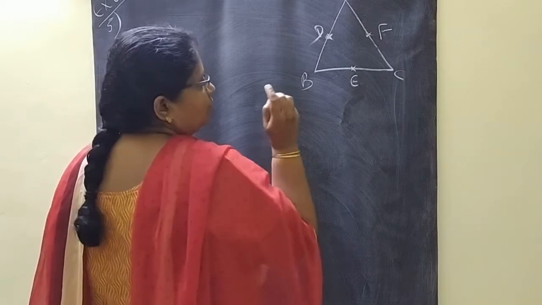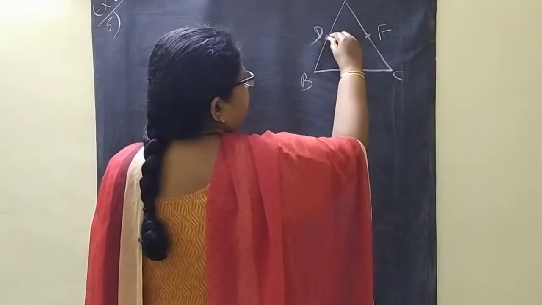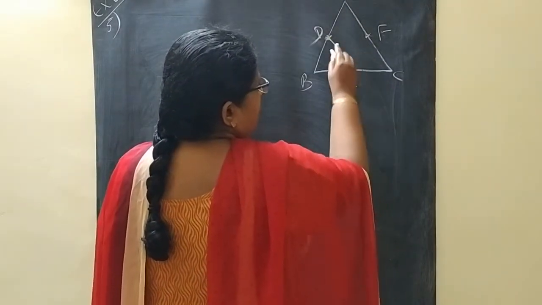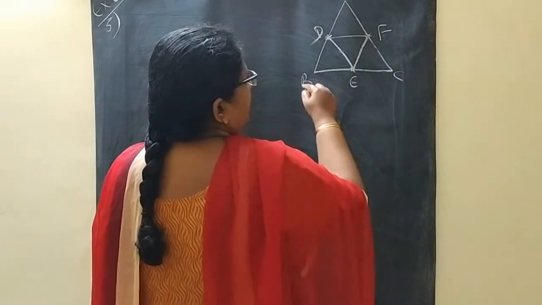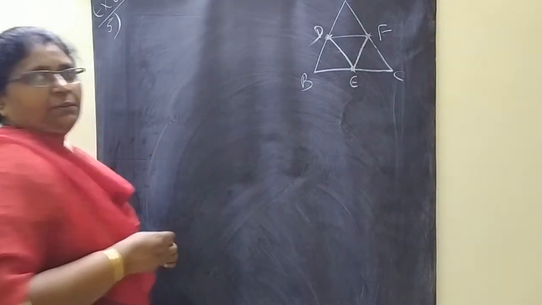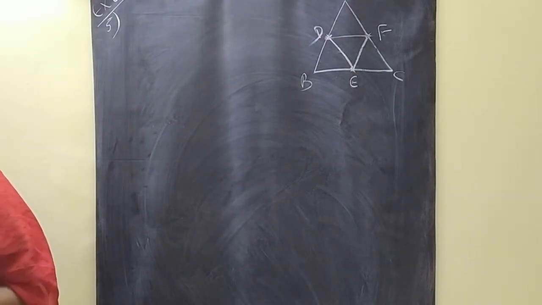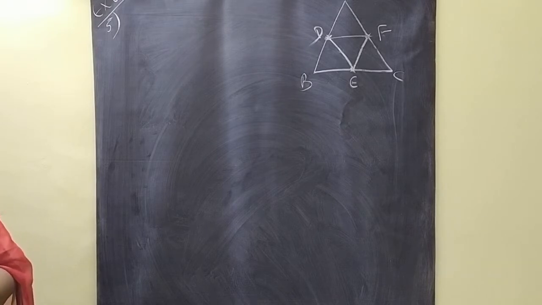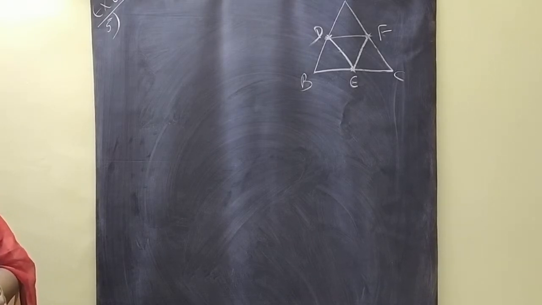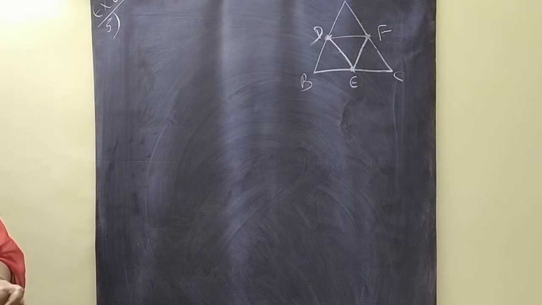The question is, what is the ratio of the area of triangle DEF to the area of triangle ABC?